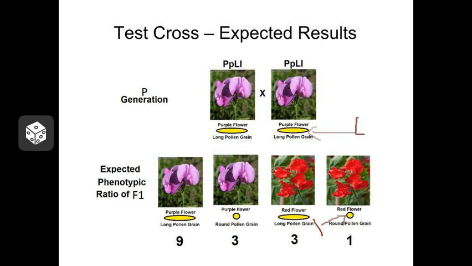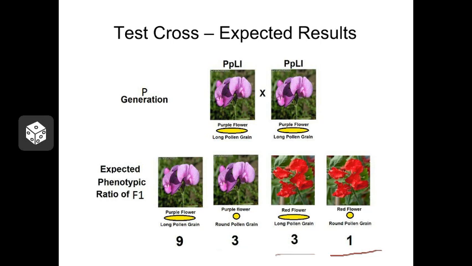Now, according to Mendel's rules, this cross should produce a 9:3:3:1 phenotypic ratio among the F1s. In other words, we would expect that 9 out of 16 of the offspring are going to be purple with long pollen grains, that 3 out of 16 will be purple with short pollen grains, that 3 out of every 16 are red with long pollen grains, and that only 1 out of 16 are red with short pollen grains.